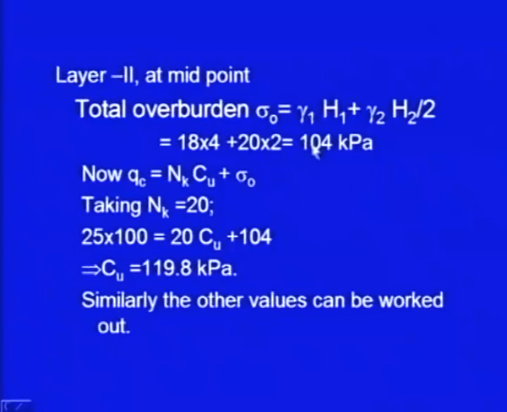This comes out to be equal to 104 kPa, and again using the same equation Nk into Cu plus sigma 0, and QC in this case was 25 kg per centimeter square, convert it into kPa. So, 25 into 100 equal to 20 into Cu plus 104, and from where Cu is this much. In a similar manner you can calculate Cu values for the other layers also.